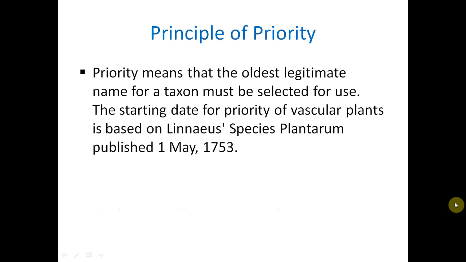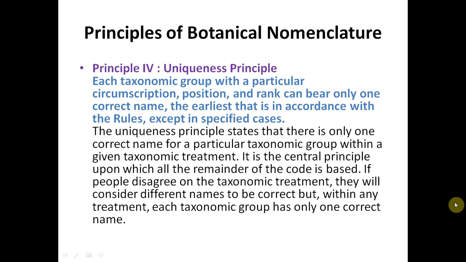The starting date for priority of vascular plants is based on Linnaeus's famous book Species Plantarum, published on 1st May 1753. So from 1753 onwards, whichever name is published first is given priority over other publications. That is called the principle of priority.